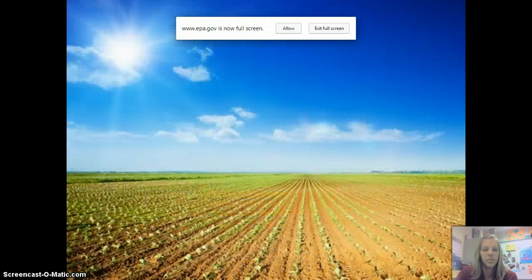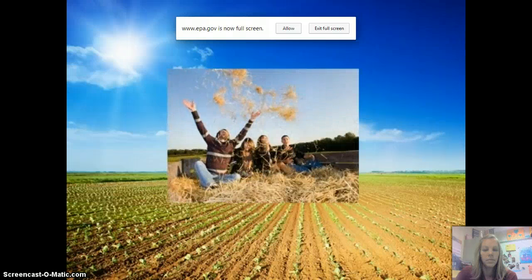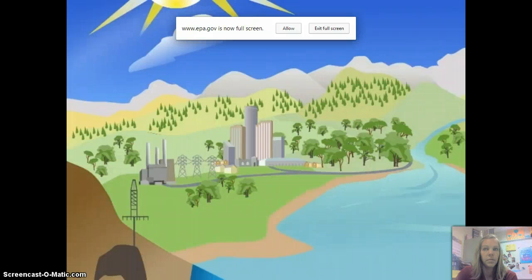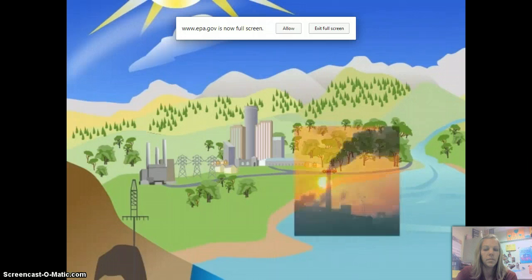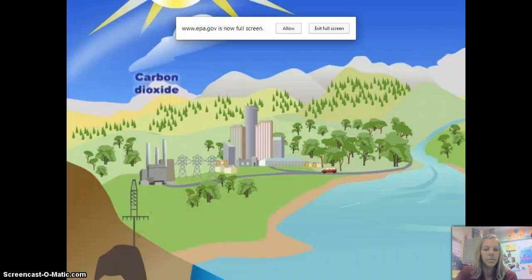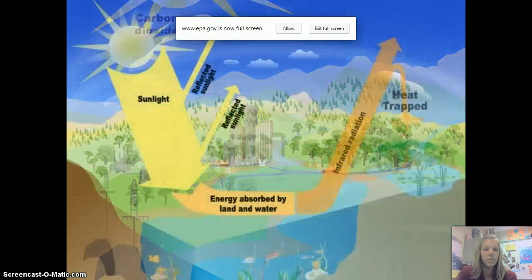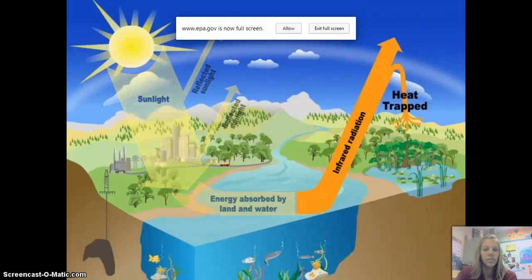We need some greenhouse gases. Without them, our planet would be too cold for plants and animals to live. But people are adding extra carbon dioxide and other greenhouse gases to the atmosphere. Whenever we drive a car, use electricity, or make a product in a factory, we use energy. A lot of this energy comes from burning fossil fuels, like oil, gas, and coal, which produces carbon dioxide. How do you think extra greenhouse gases affect the amount of heat trapped in the Earth's atmosphere?